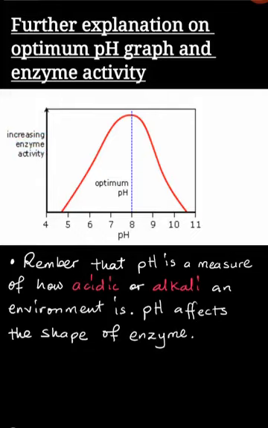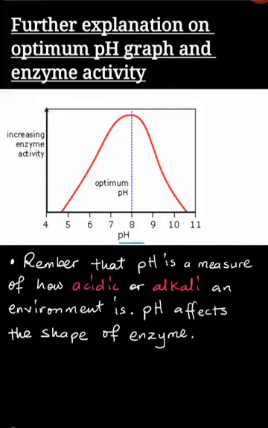So at that pH, the enzyme is denatured. Equally, at that pH level, the enzyme is denatured. As you increase the pH level, the enzyme starts to work best until it reaches its highest working capability in terms of pH.